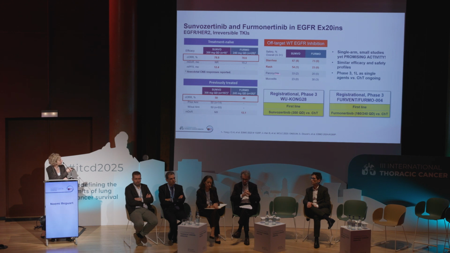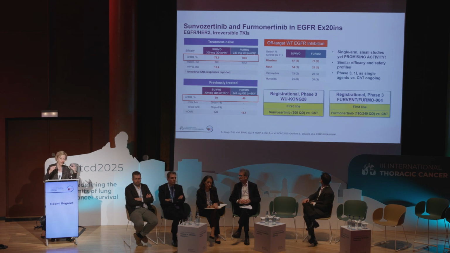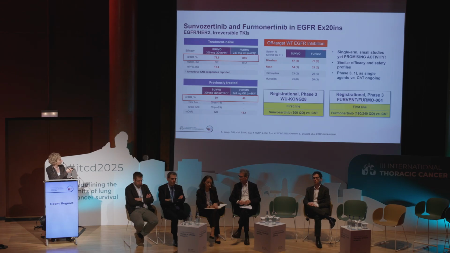The safety profile, I would say, is in the middle. There is low, manageable toxicity, with almost no grade 3 toxicities. However, there is a quite high incidence of diarrhea and rash because of the off-target wild-type EGFR inhibition of these tyrosine kinase inhibitors.